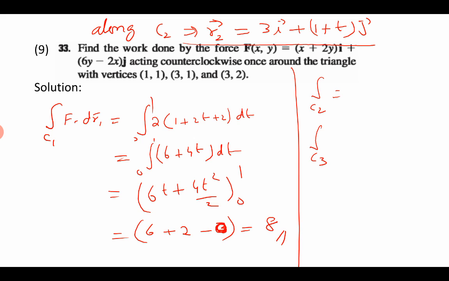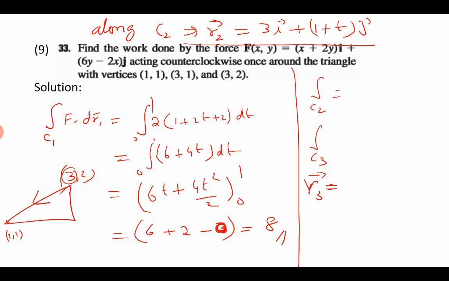Okay. And for C3, what is the R3 vector? C3 is from C to A, isn't it? C to A, it is coming from the point 3, 2. In this triangle, this is 3, 2, and this is 1, 1.